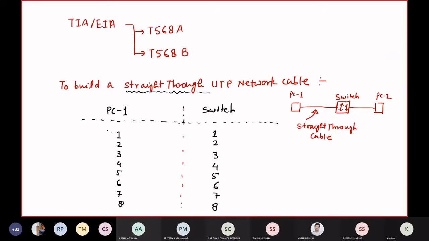Here pin 1 on the PC acts as a sender, pin 2 also acts as a sender, and pin 3 acts as a receiver, and pin 6 also acts as a receiver.